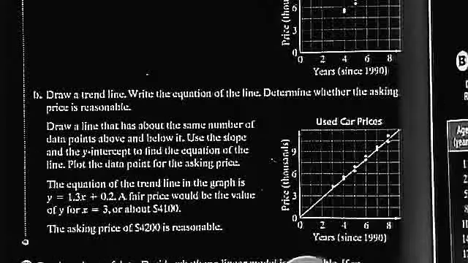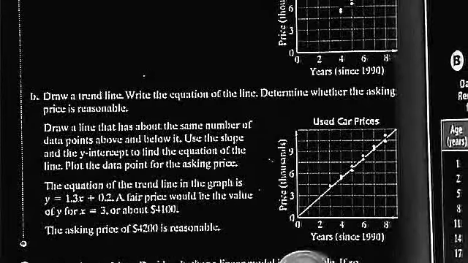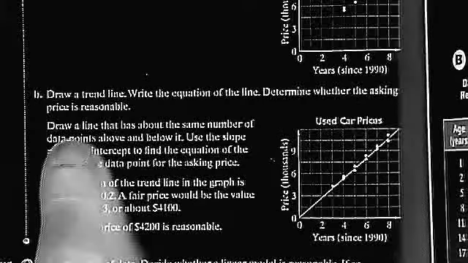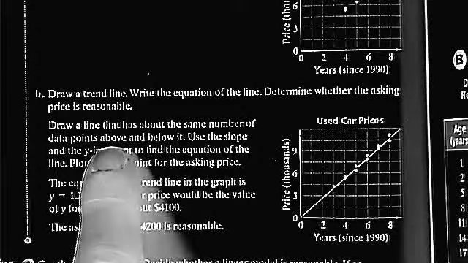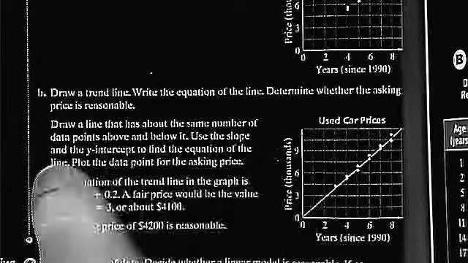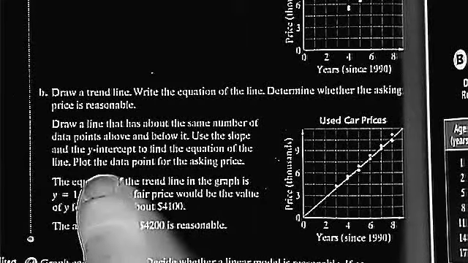We're drawing the best line through the data that we can. It does not mean that we try to connect data points. It means we try to draw the line through the data. Draw a line that has about the same number of data points above and below it. That's a good way to look at it. Use the slope and the y-intercept to find the equation of the line.